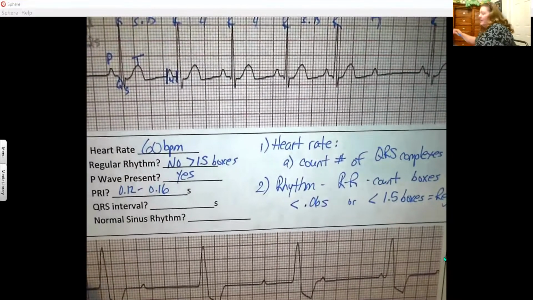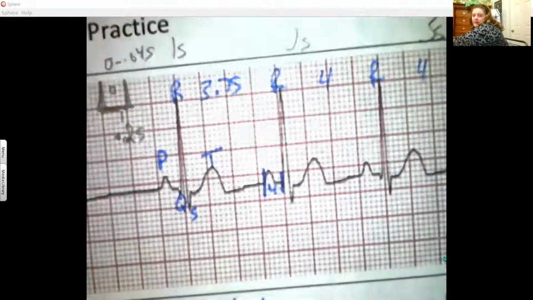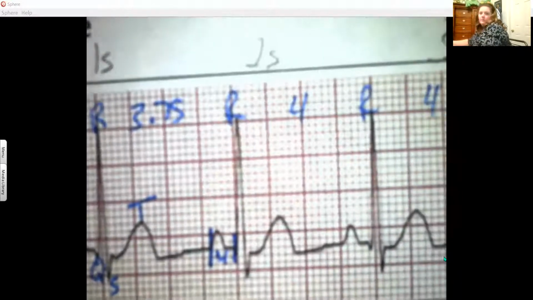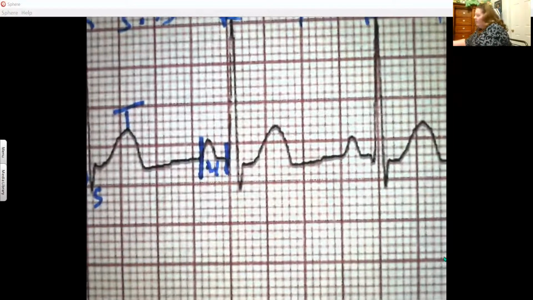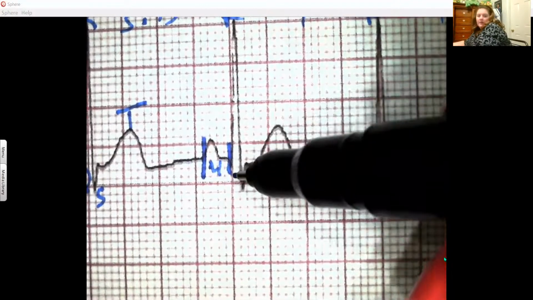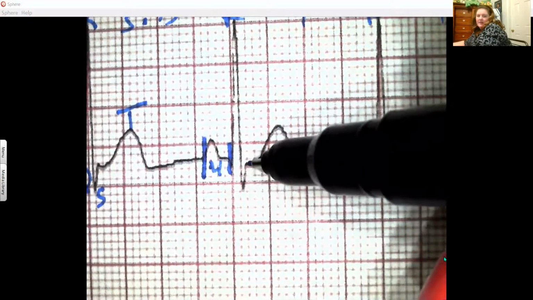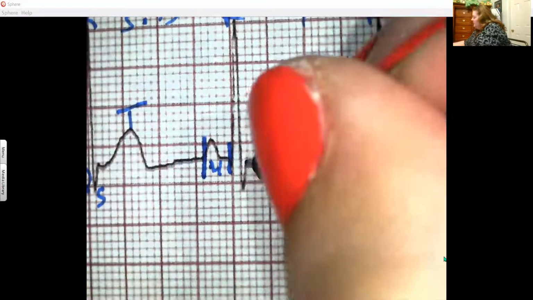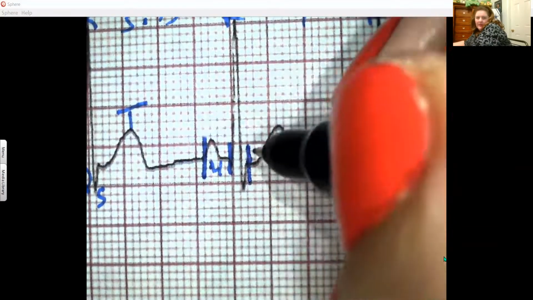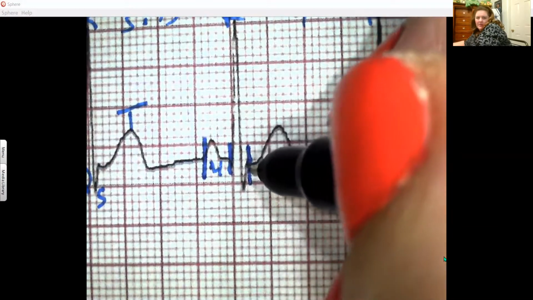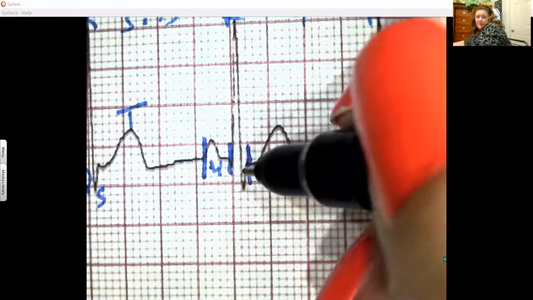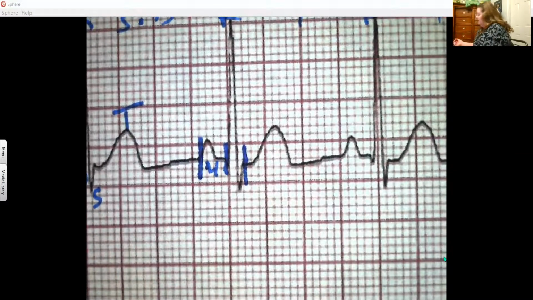Okay, so I'm going to go right back to where I was. Zoom back in. I already had my onset of Q marked. Here's S. Here's the end of S. Put my pen there. Draw a straight line here. Count. Looks like I've got 1, 2. If I'm reading that right, about 2 boxes different.